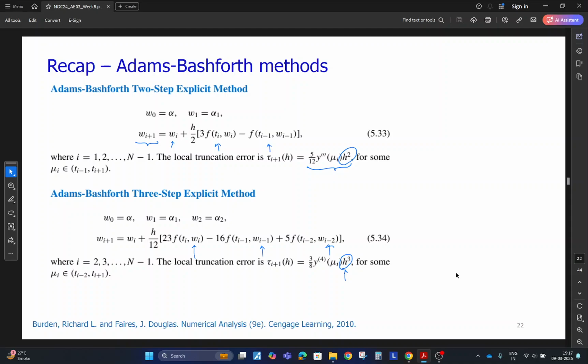We discussed the open and closed Newton-Cotes methods, and now we'll discuss the class of methods known as the Adams-Bashforth methods. And here we have both the Adams-Bashforth explicit and implicit methods.